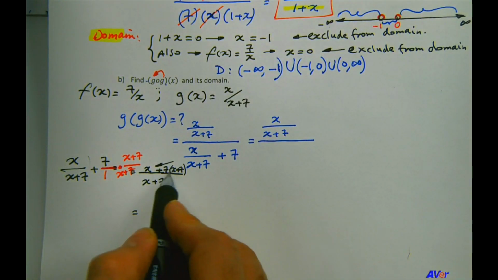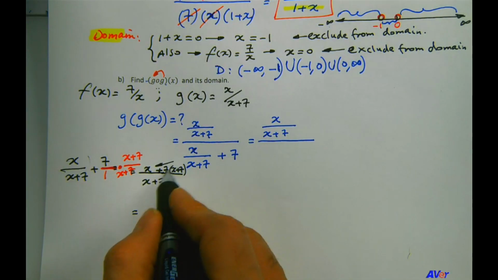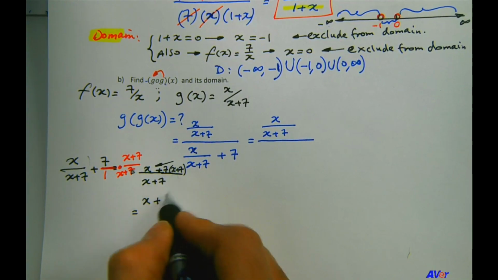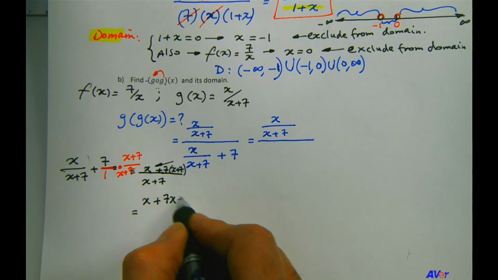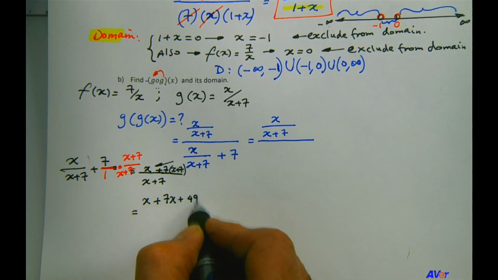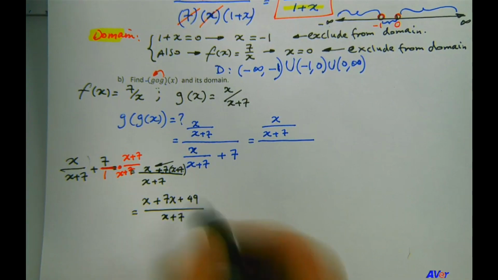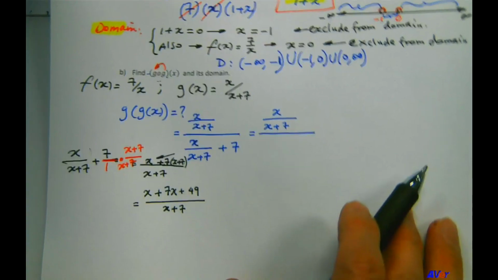Now, let's combine the terms in the numerator. I'm going to distribute the 7. So we have x plus 7 times x is 7x. 7 times 7 is 49. Divided by x plus 7, right? Now let's combine 7x and x.